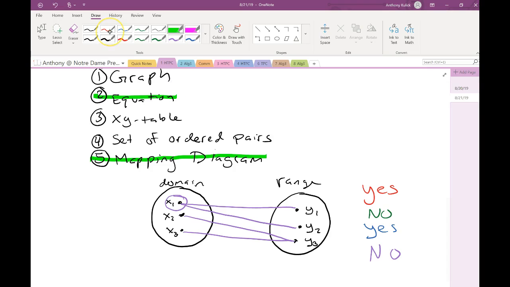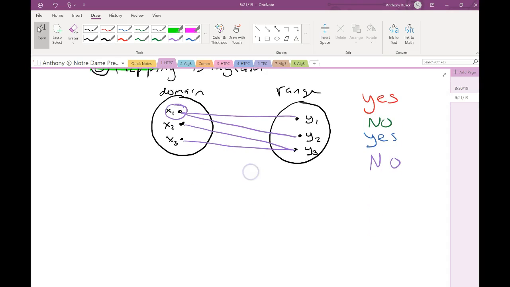Let's talk about an equation next. So let's say we have the equation y equals x squared plus 2. Is this representing a function?